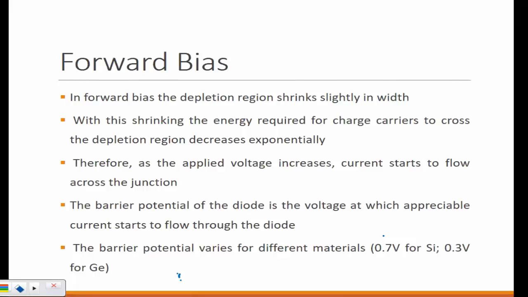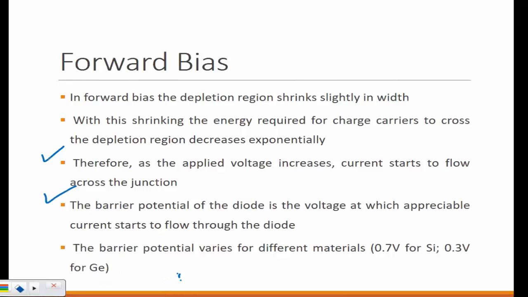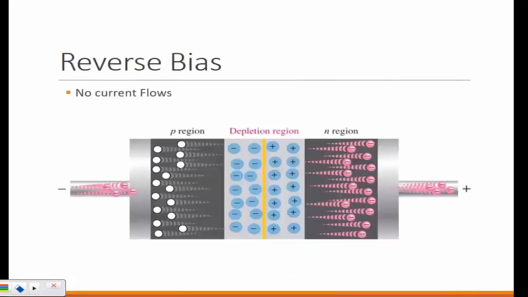So as usual, as applied voltage increases, current starts to flow across the junction. As long as you reach the barrier potential, then an appreciable amount of current flows, reinforcing the voltage values needed: 0.7 volts for silicon, 0.3 volts for germanium. Whenever we say enough current or appreciable current, that basically means enough current to do a useful task, not microamps or nanoamps of current. And you're always going to have that in semiconductors.